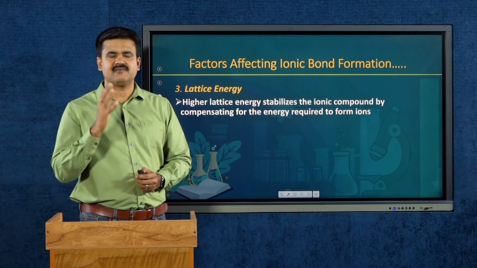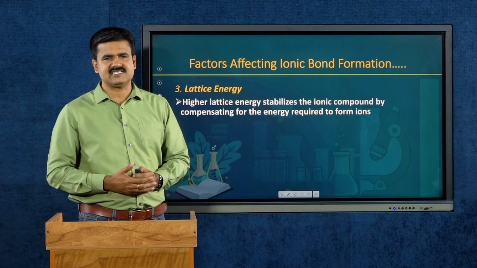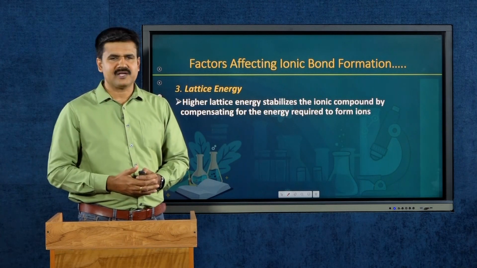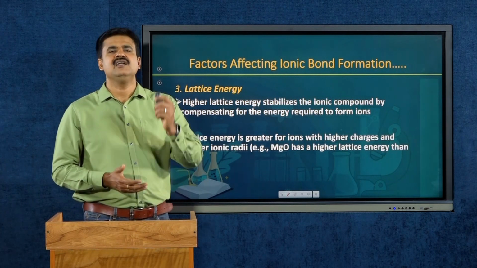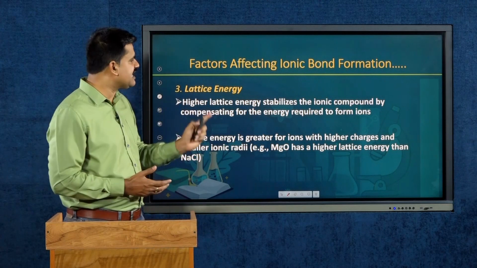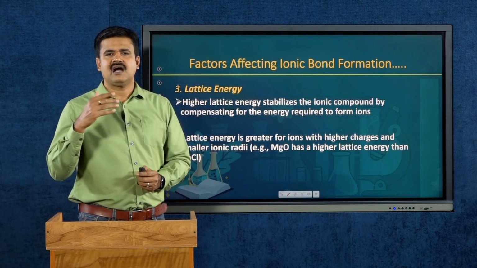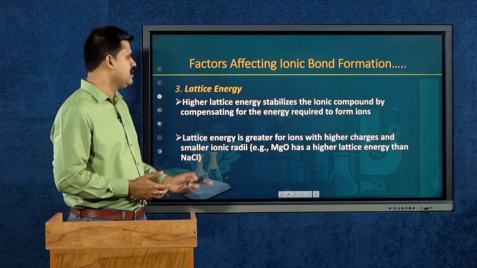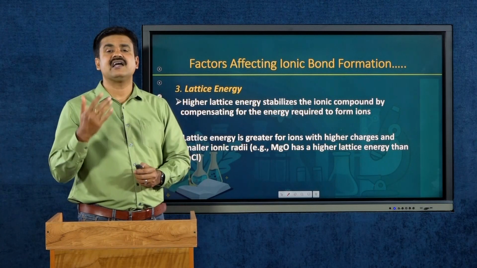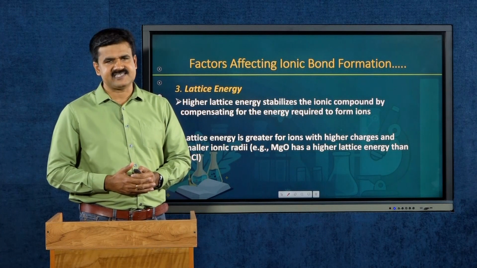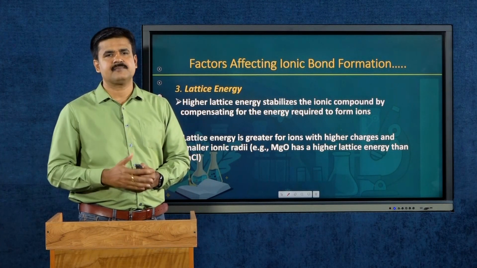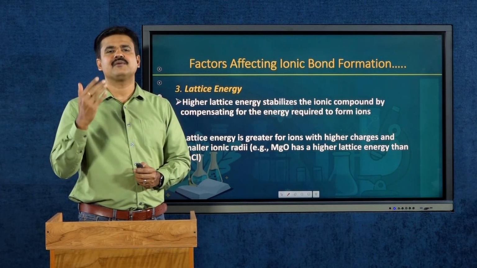A crystal with high lattice energy can form various kinds of ionic bonds. Lattice energy is greater for ions with higher charge and smaller ionic radii. For example, magnesium oxide has higher lattice energy than NaCl. So, lattice energy is a crucial factor that affects ionic bond formation.